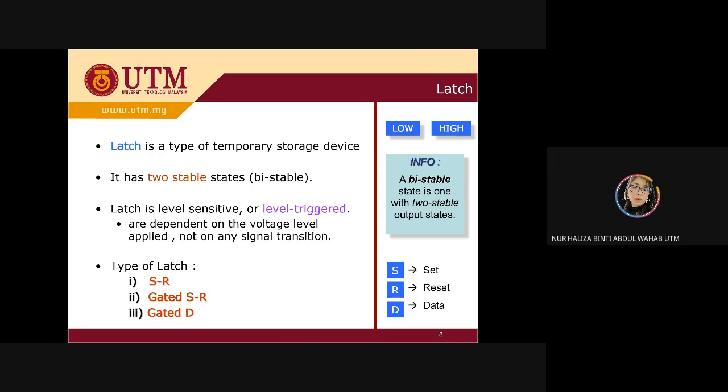Okay. Now, this is the thing that we discussed yesterday. S for set, R for reset, D for data.